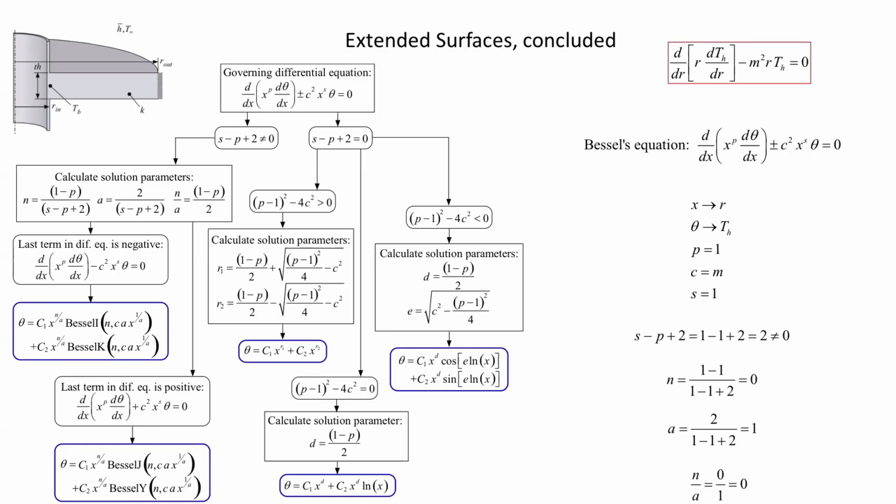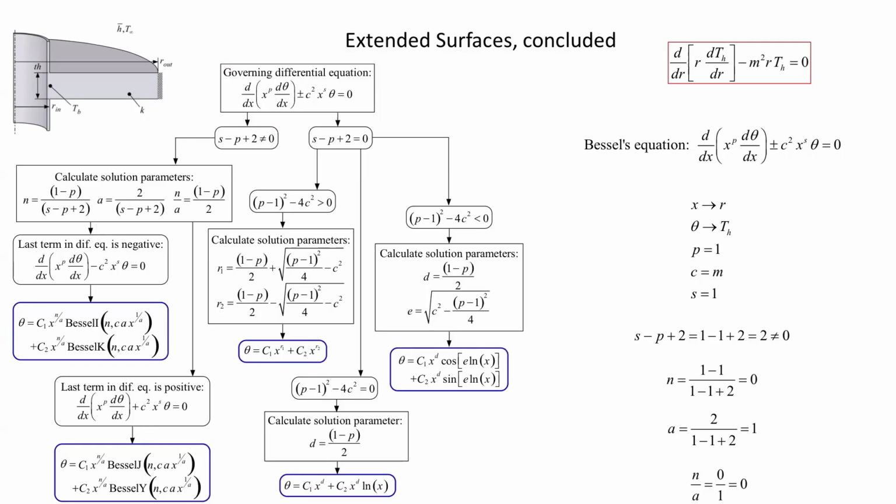So we identify it as a Bessel's function. We then go through this pattern matching. We say, okay, P corresponds to, in our case, 1, and S corresponds to, in our case, 1, C is M, or you can just go through and match things out. We've done that here. Once you do that, then you just follow this chart. So for our case, we end up following this path over here.